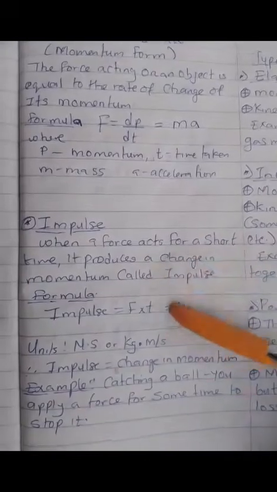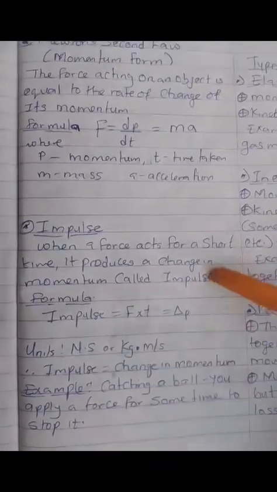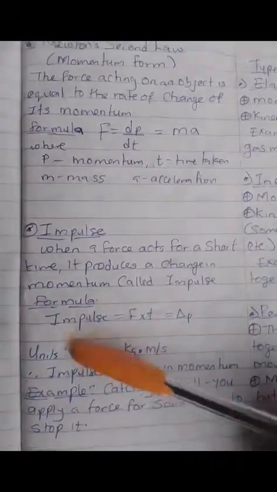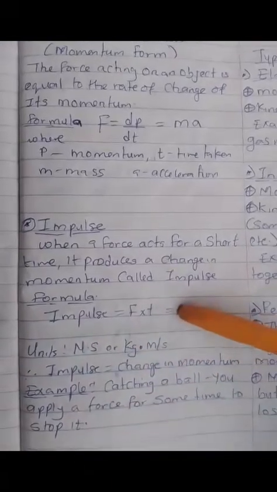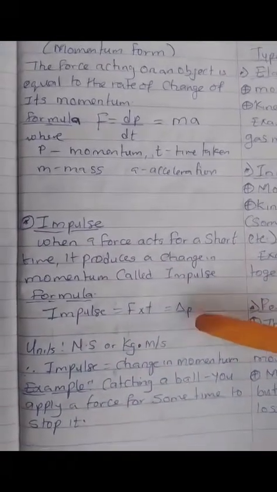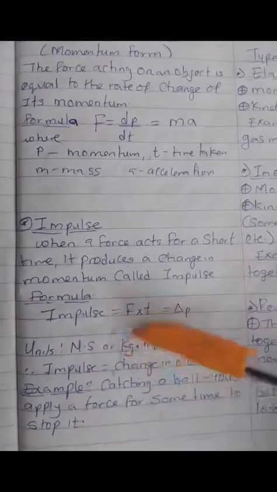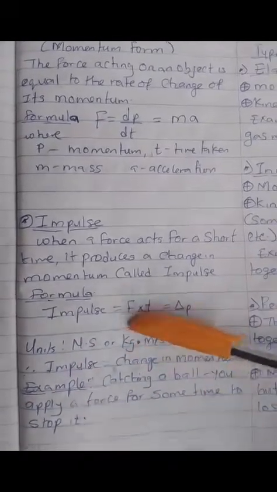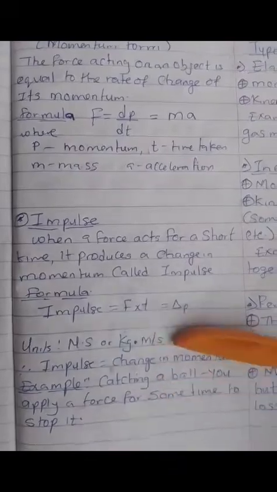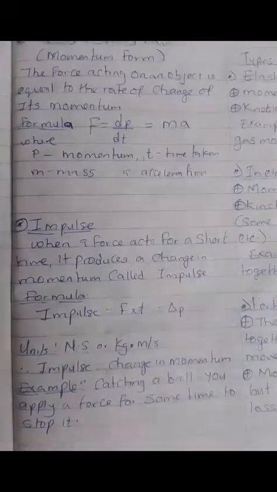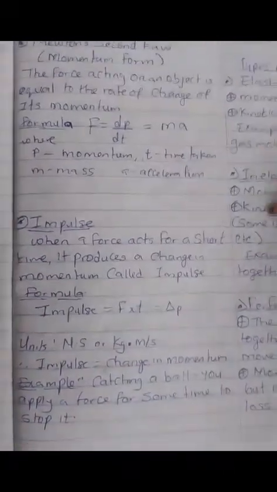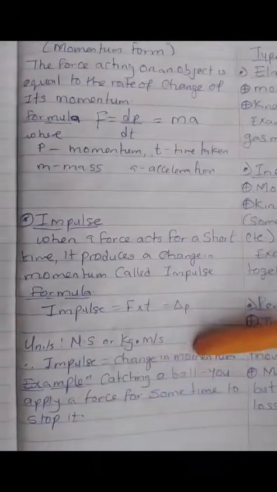The formula is impulse equals force times time, which is the same as the change in momentum. It has the unit Newton seconds or kilogram meter per second, similar to the unit of momentum.